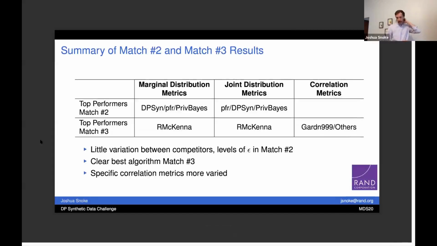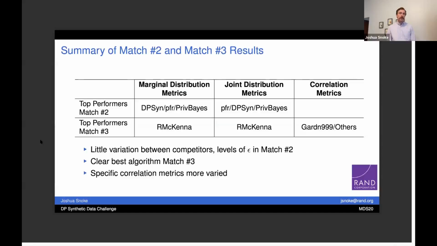Again, just for the sake of time, I'm not going to go through the many tables of results that you can find in the paper, but I tried to synthesize them into this table to give you an idea. In Match 2, we just had the first two categories of utility metrics.